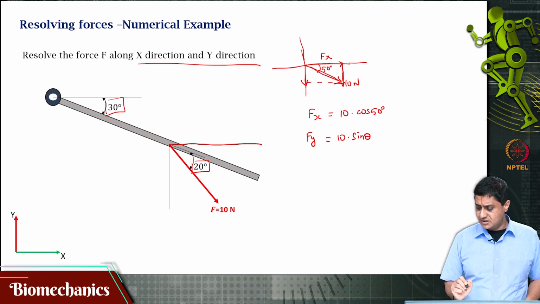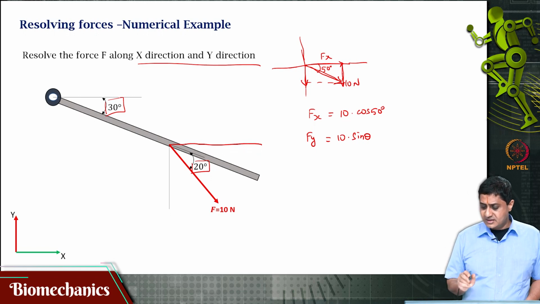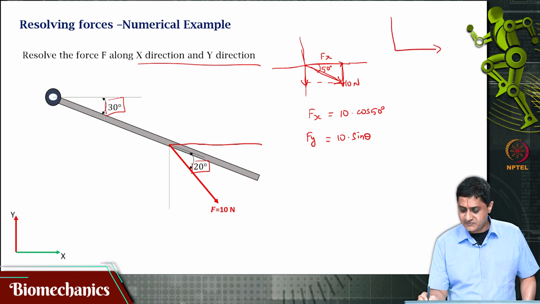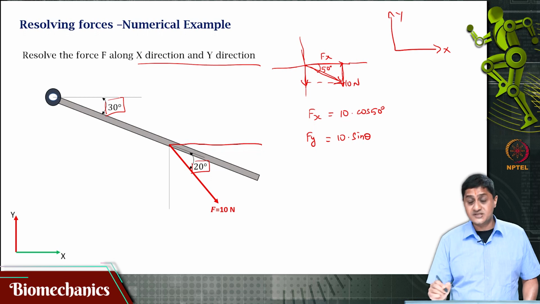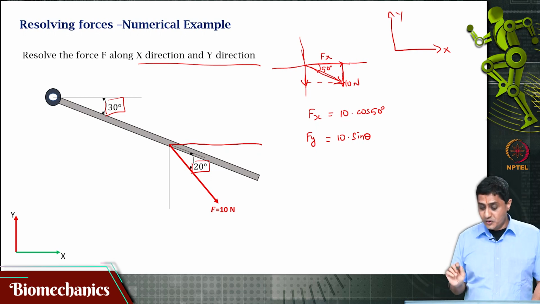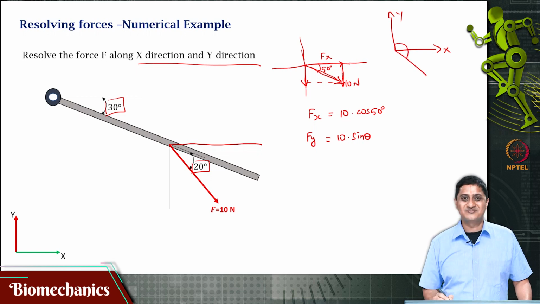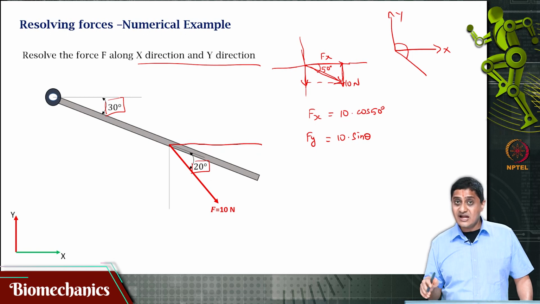That is the question. How would you solve this? If I am solving this in this xy axis, with the positive xy axis, then because this angle is 90 plus 50, I have to say sine of 90 plus theta, and then solve it, because I am interested in finding the answer with respect to the positive y axis.